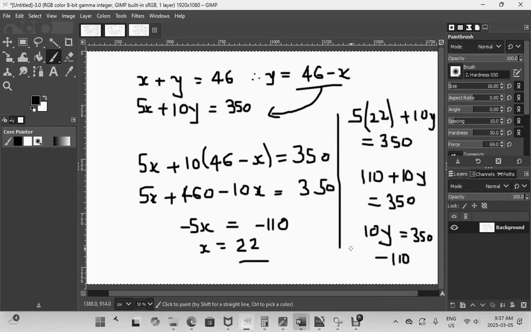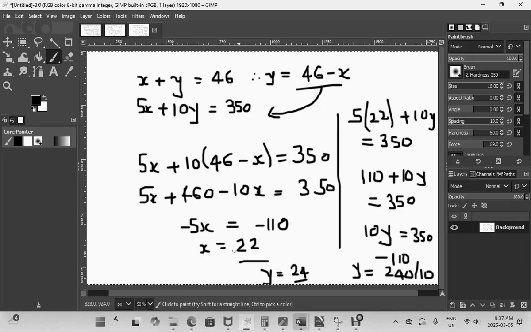So we know that 10y equals 240, which is 240 divided by 10. So y will be 24. So we have x equals 22, y equals 24.